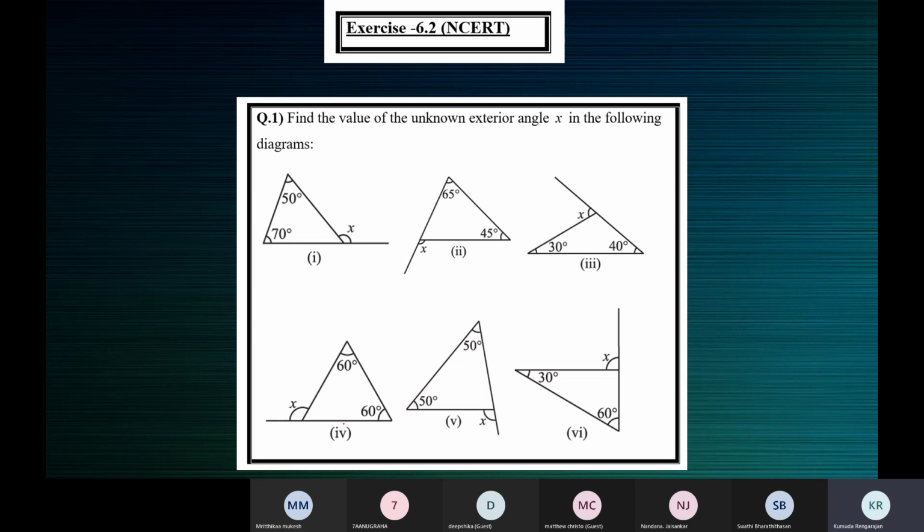Like we said, in an equilateral triangle, each angle is 60 degrees. So when all three angles are equal, all three sides are equal. All three sides will have the same measure.